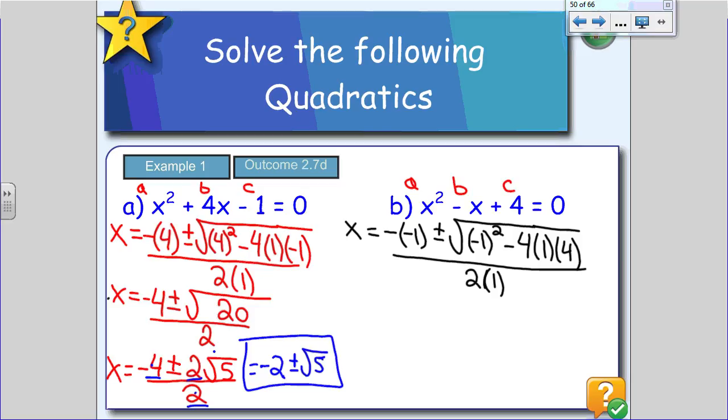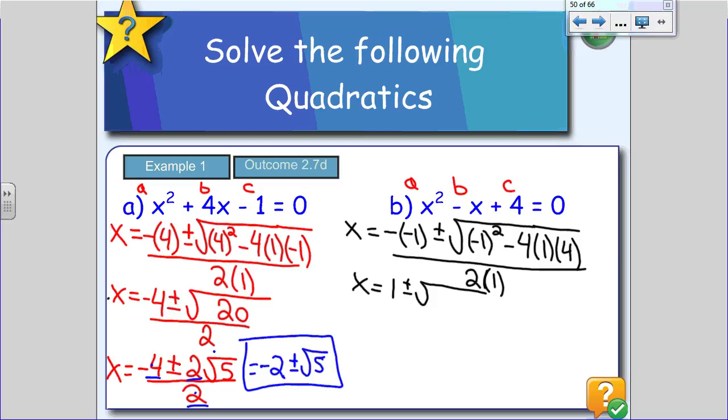My next step is I'm going to simplify everything. So x equals negative 1 is going to be positive 1, plus or minus the root. If you didn't put brackets and you used your calculator to figure out what went underneath the root sign, you would get it wrong. If you use brackets, you'll get it right. This negative 1 in brackets squared has to be in brackets.